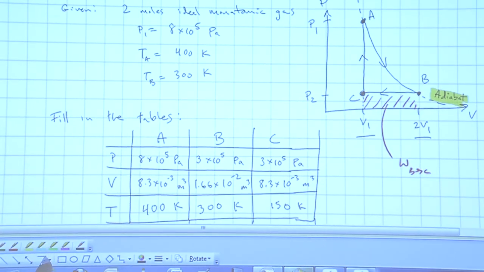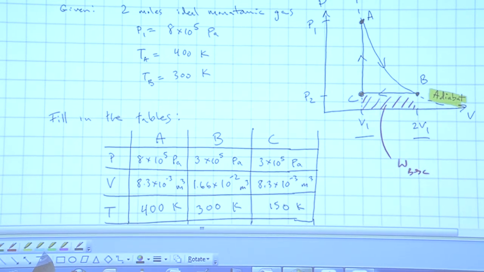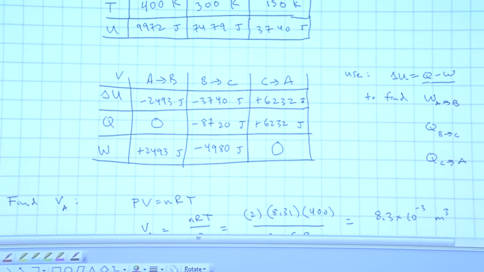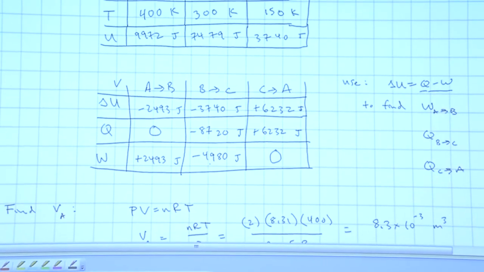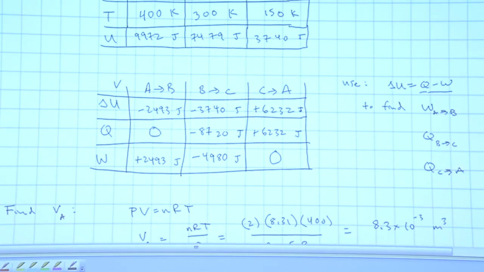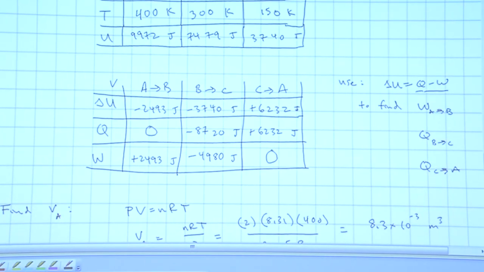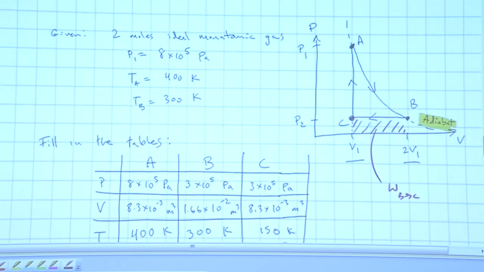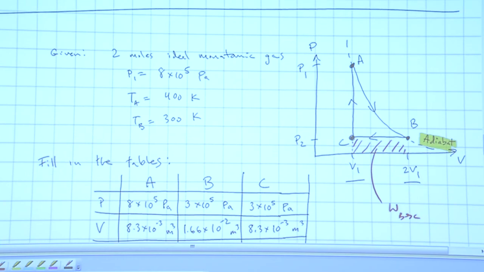And then because it's more than W, we have to look at the numbers we got. We got a Q that was bigger than W, so therefore delta U has to be negative. And then we can go back and look at our temperatures and make sure that makes sense from that aspect also. If the temperature went down, delta U is negative. And then C to A, no work is done.